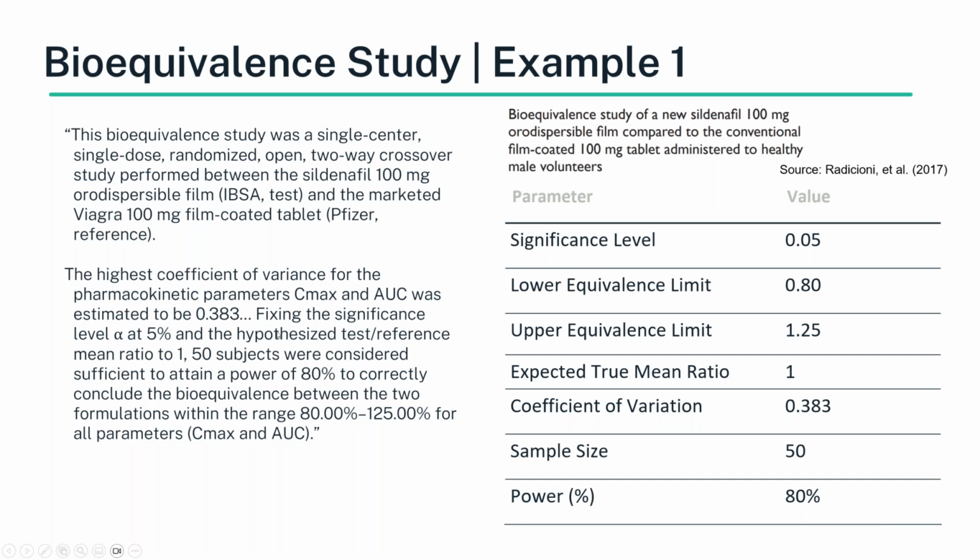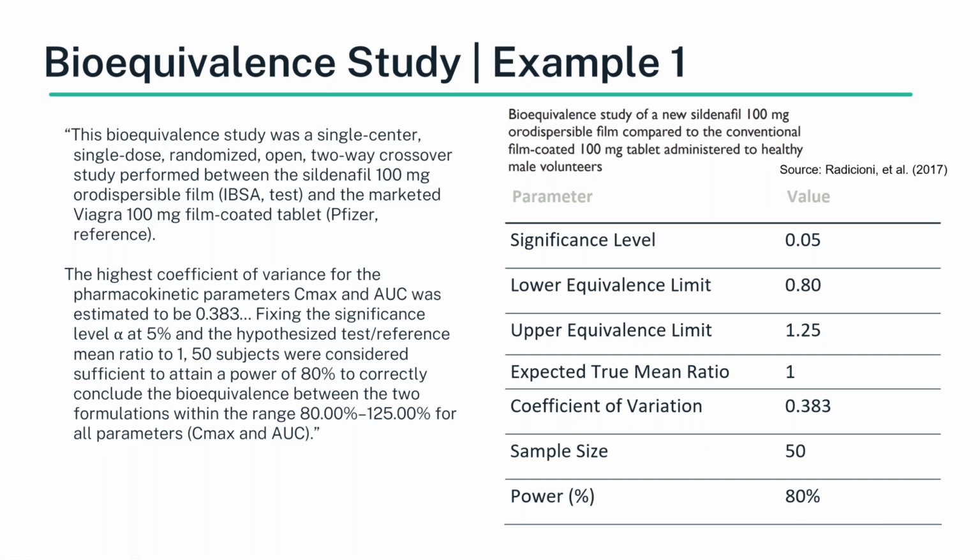The significance level of the test was 5%, the expected test reference ratio was 1, and the limits for equivalence were 80 to 125%. With all that information, they deemed that 50 subjects would be considered sufficient to attain the target power of 80%. And we've summarized that in a table here as well on the right.